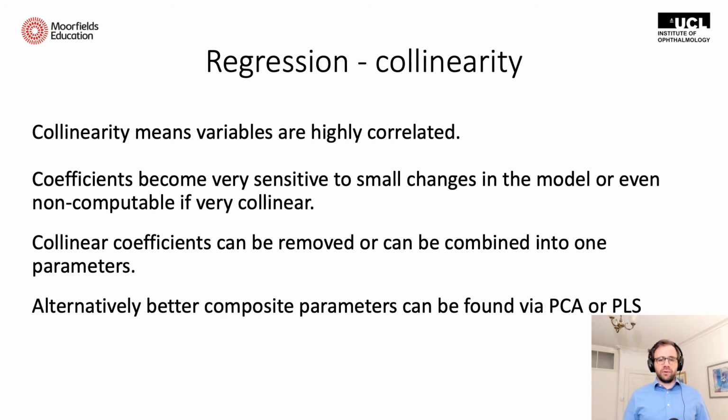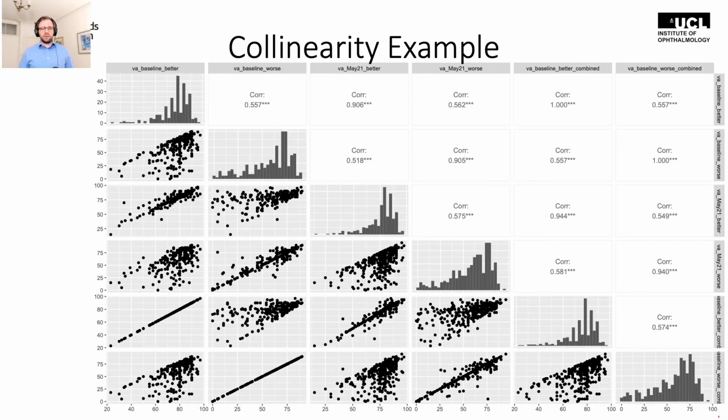But we're not going to go into that. I'm just naming these approaches. And I just want to show what collinearity looks like. So what you're seeing here is an example of collinearity. What I've plotted here is different visual acuity measures, plotted against each other.